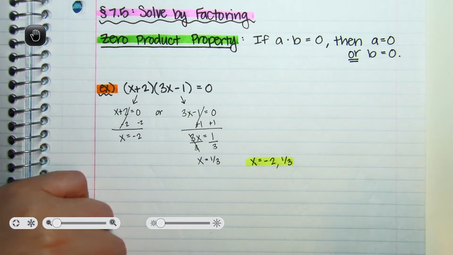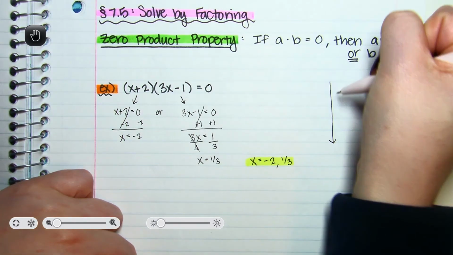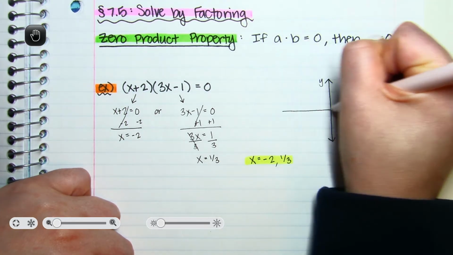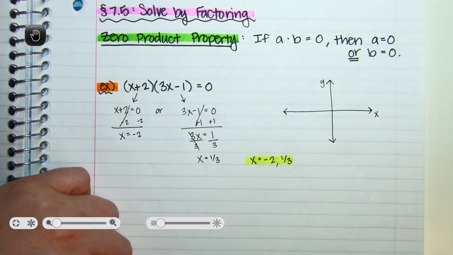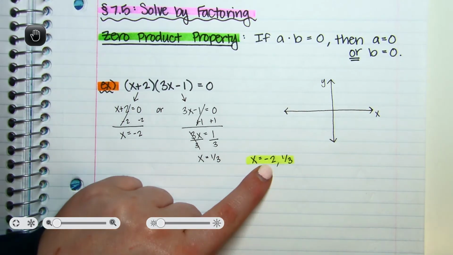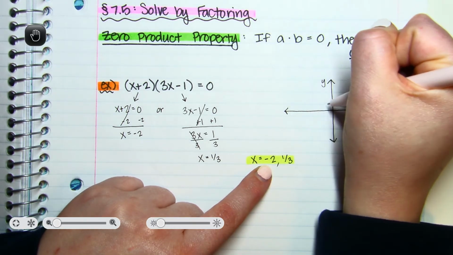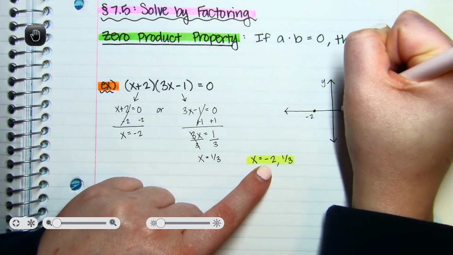Now, in terms of what this looks like graphically, if we were to look at a graph of this function, this is our y-axis and our x-axis. What this would look like is our x value, so x is the horizontal one, is equal to -2 and 1/3.